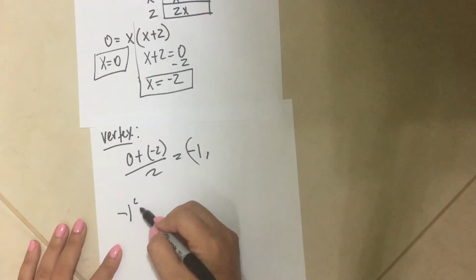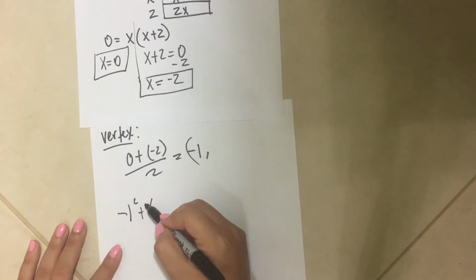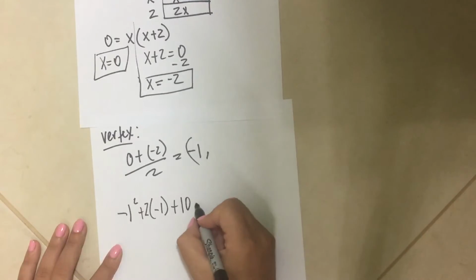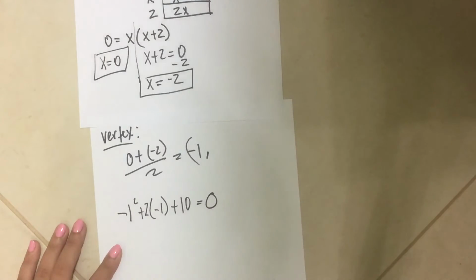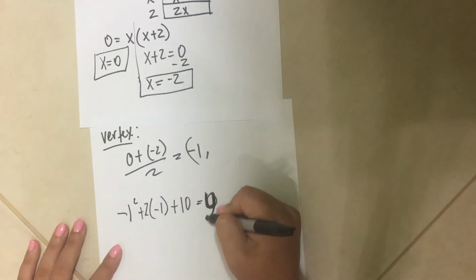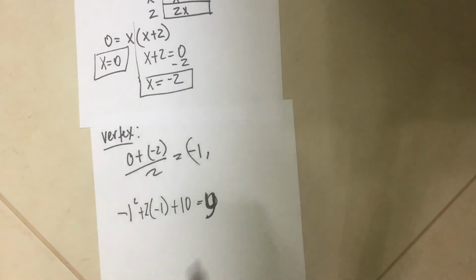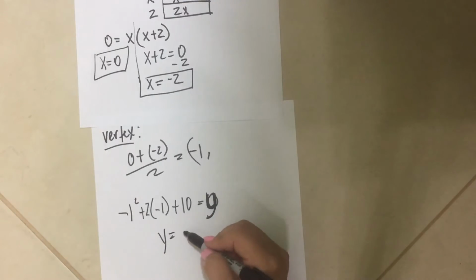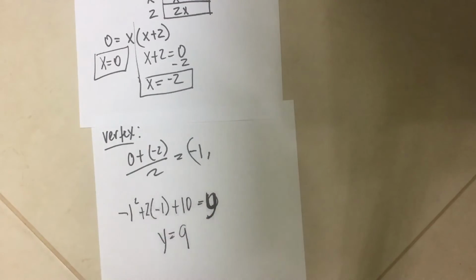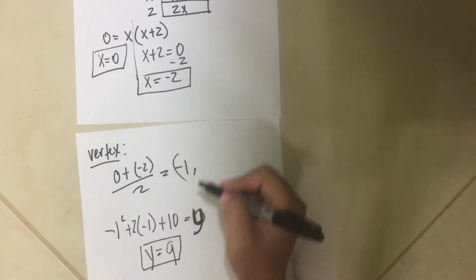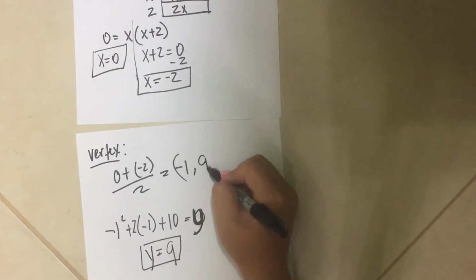We get negative 1 squared plus 2 times negative 1, plus 10, equals y. And our answer is 9, because 1 squared is 1, and so on, and we get our answer for y is 9. So our vertex is negative 1, 9.